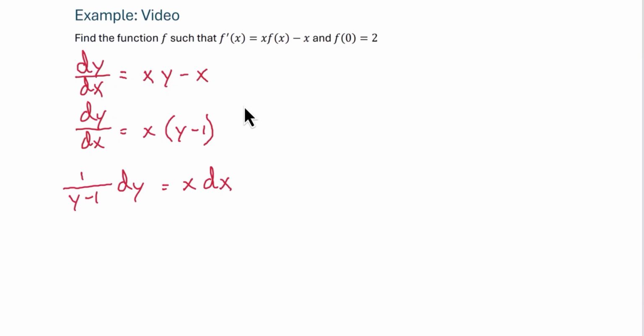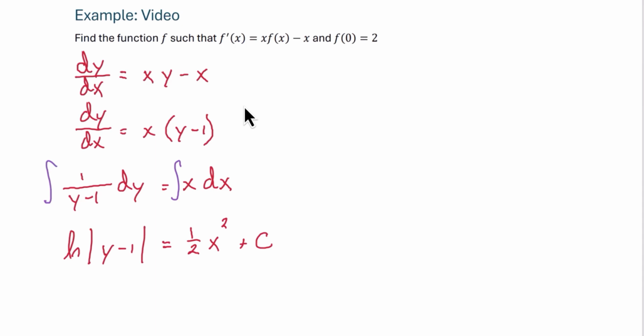Now that we've separated the functions, we will integrate. Integrating on the left side, we get the natural log absolute value of y minus 1. And on the right side, we get 1/2 x squared plus c.